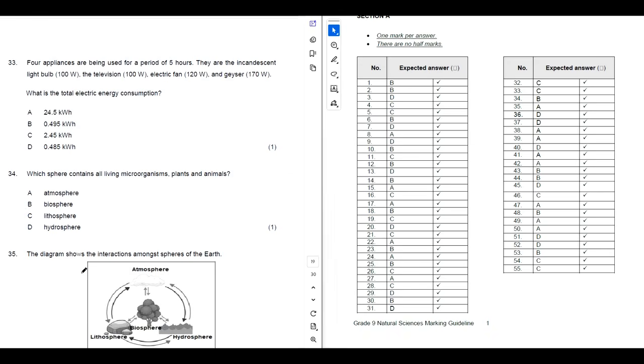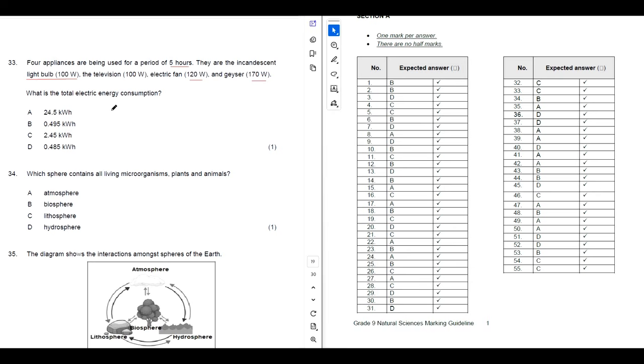Okay, and then next we will move to question 33. Question 33 says that four appliances are being used for a period of 5 hours. The first one is the incandescent light bulb, which is 100 watts, and then there is the television, which is also 100 watts, and then there is the electric fan, which is 120 watts, and then there is the geyser, which is 170 watts.